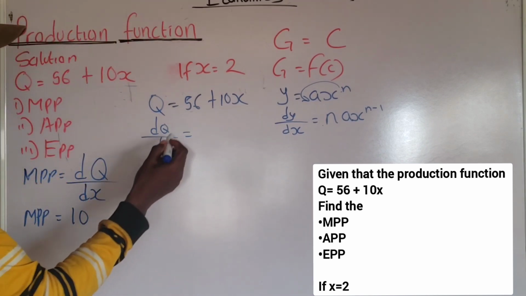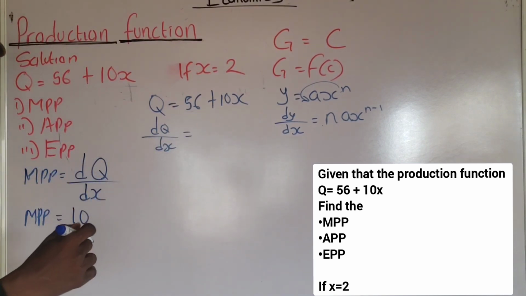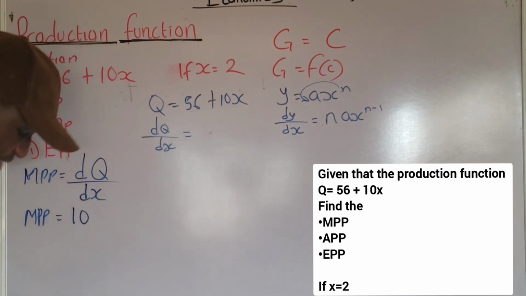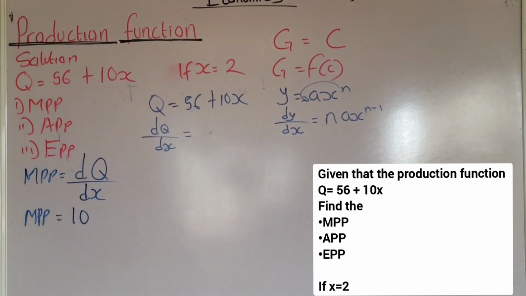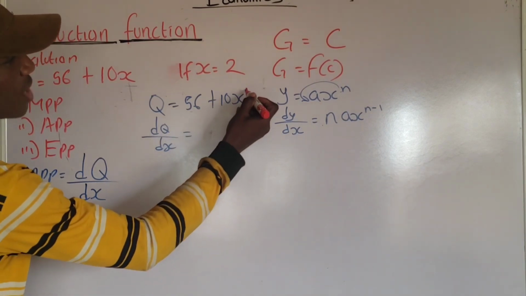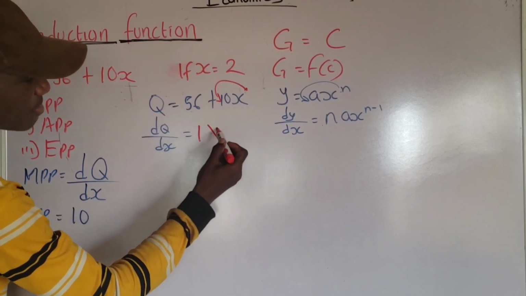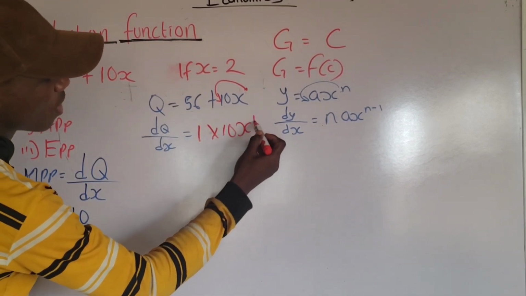Now go back to the question. If you differentiate a constant, you are going to have 0. Now if you differentiate 10x, what is the power which x is raised to in 10x? The power which x is raised to is 1. So you multiply this 1 by 10, 1 times 10, x raised to the power of 1 minus 1.